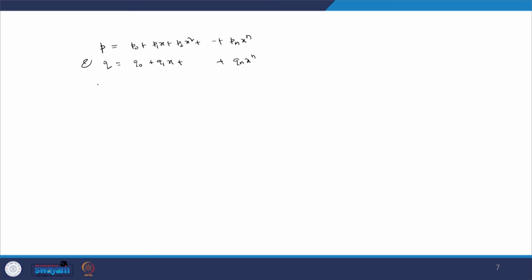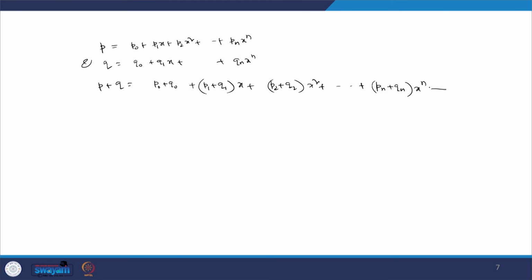Let me define vector addition p plus q as p0 plus q0, then plus p1 plus q1 x plus p2 plus q2 x square plus dot dot plus pn plus qn x to the power n.